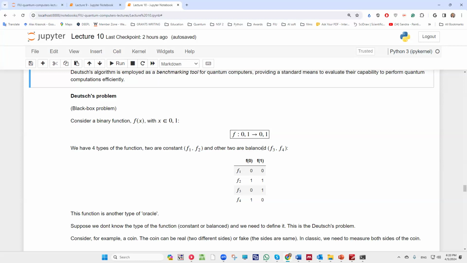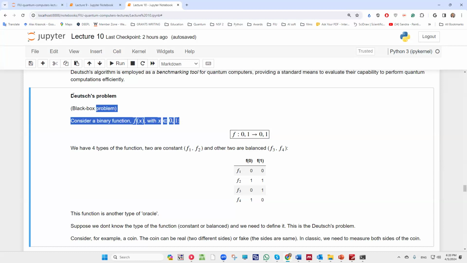So this is an example like that. This problem asks how many calls to the function we need to make to figure out whether the function is constant or balanced.